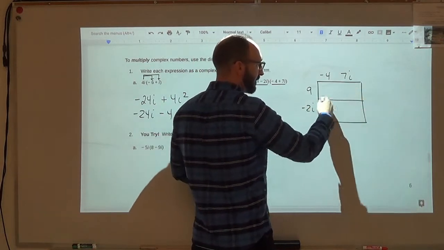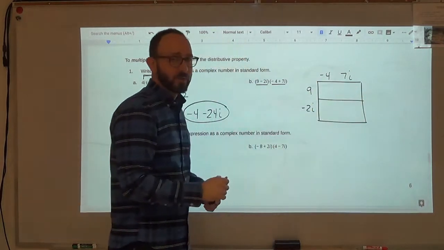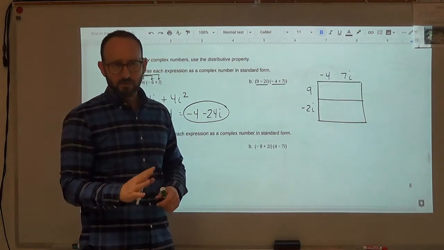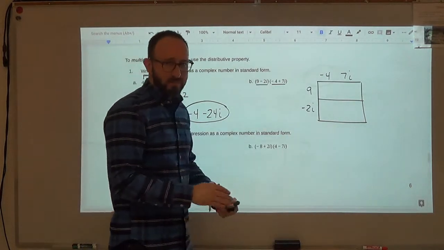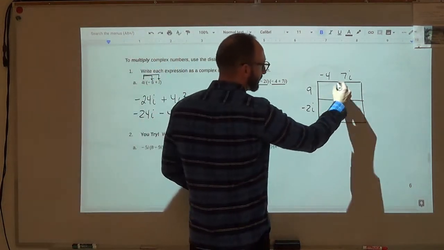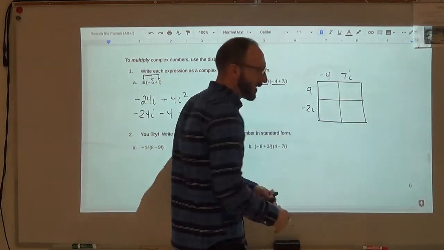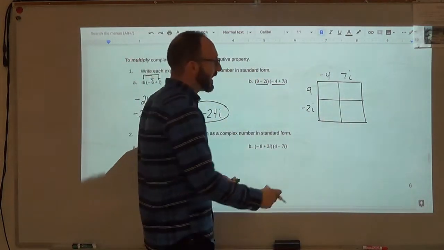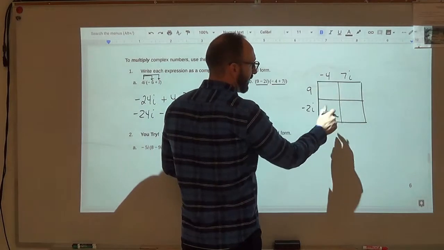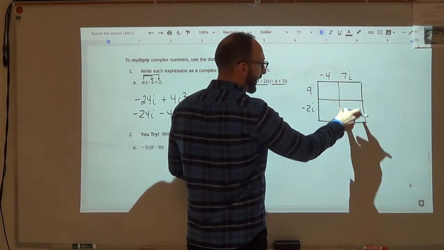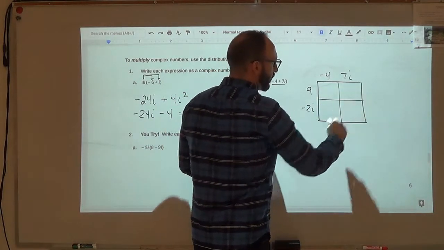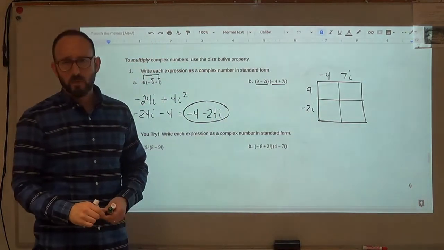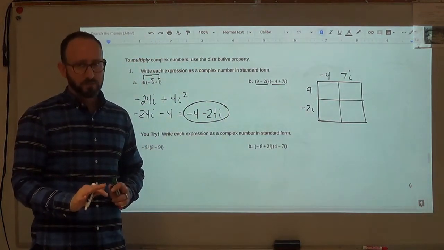This top strip has length positive 9. And then we can do the same thing for the width. We can break the width up into 2 strips. This first strip has width -4. The second strip has width 7i.